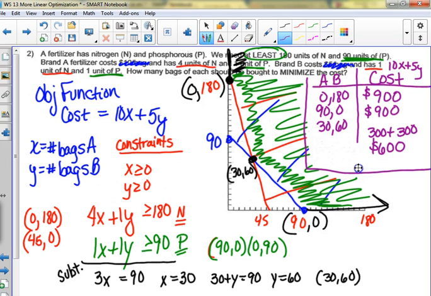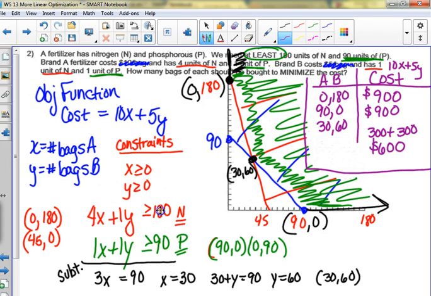So rather than just buying brand A or just buying brand B to get enough, if we buy a few of each, we can end up saving a whole bunch of money. So again, I want you to think about this. If we buy 30 and 60 in this equation right here, we'll get 180. If we buy 30 and 60 here, we'll get 90.